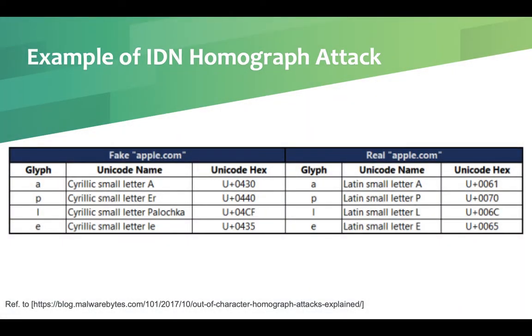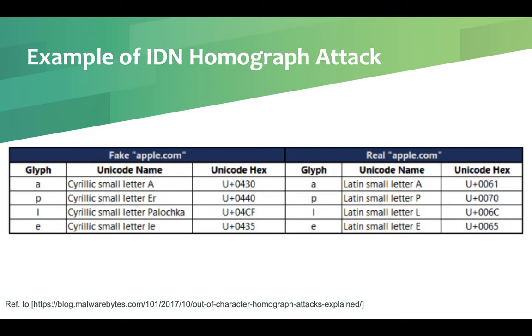Let me take you through an example of the IDN homograph attack, and how it looks alike. As you can see, on my left-hand side there is a fake apple.com domain, and on my right-hand side there is the real domain, which has pretty much the same name as apple.com.